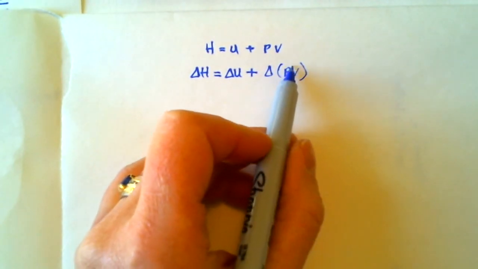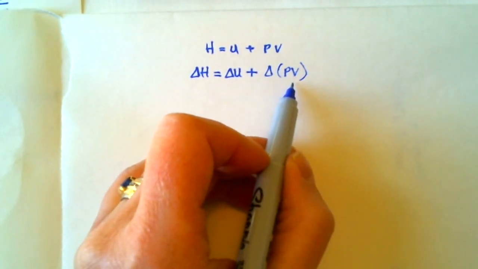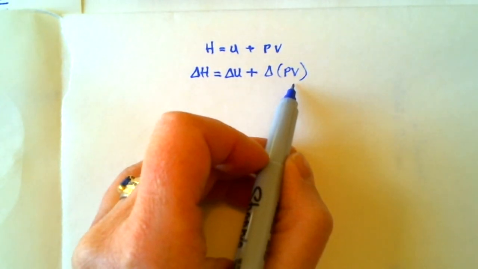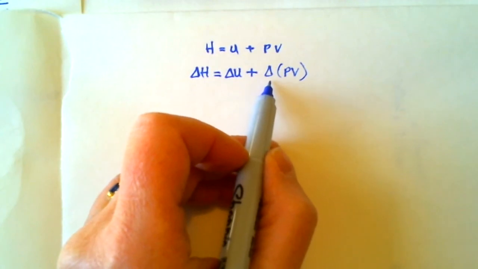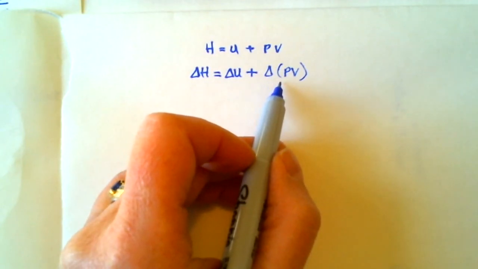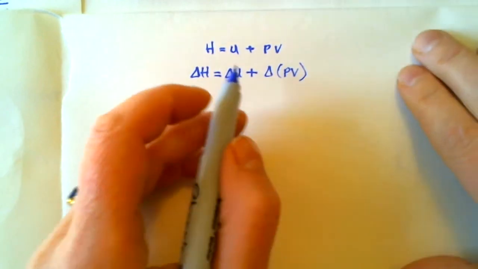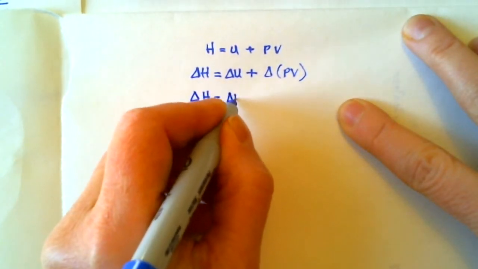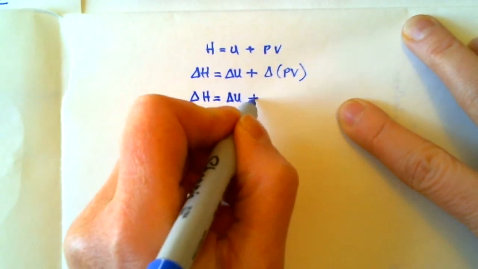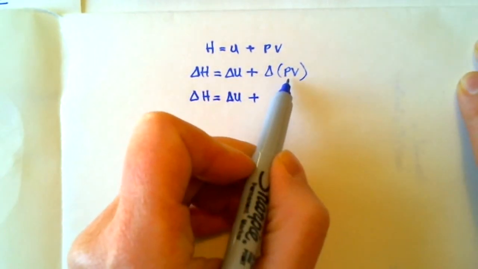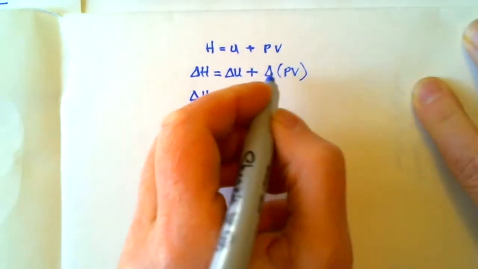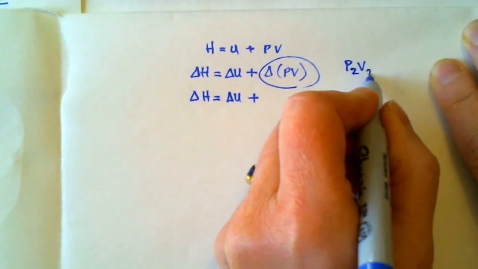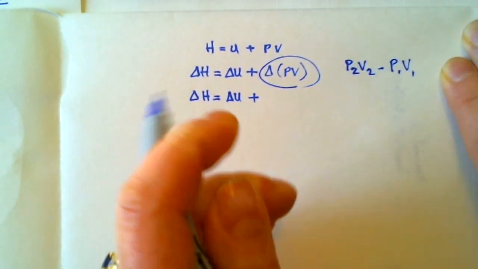And when it's a perfect gas, I can substitute this out for nRT. And so that would be nR delta T, and delta T is 0. But it's not perfect. It's van der Waals. So what am I supposed to do? Well, I have delta U, so that'll be fine. I can give the number there. But this guy here, delta PV, is P2 V2 minus P1 V1 after all.